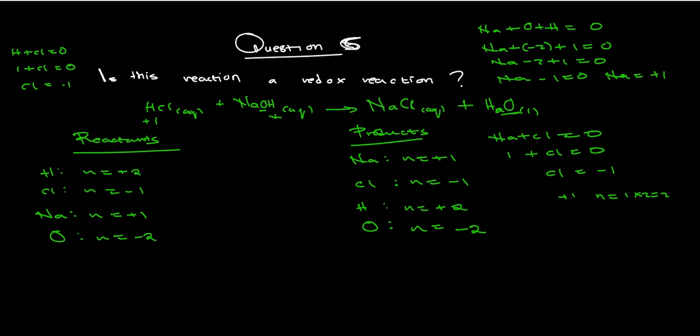Now our next step is just to compare. We try to compare now the oxidation numbers. So here +2, hydrogen here +2, no change. Chlorine -1, here -1, no change. Sodium +1, no change.